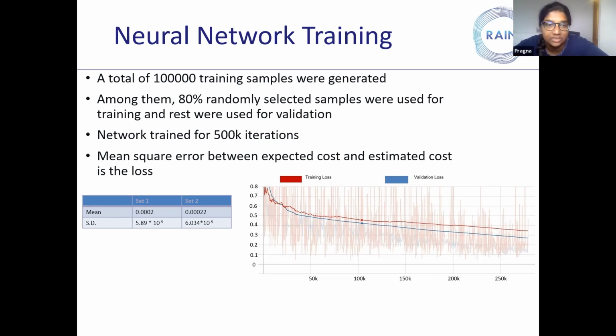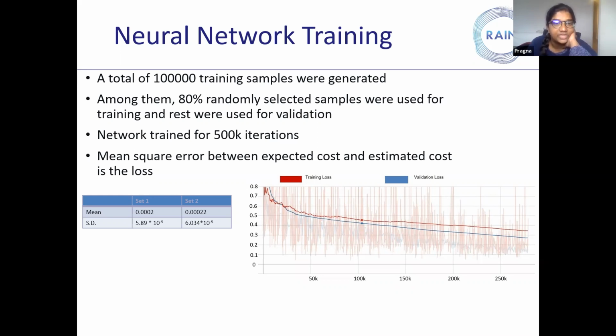So you can see the mean square error between the expected cost, which is the ground truth, and the estimated cost from the neural network, and also is the mean. And we also plot the standard deviation of the error. So it's to the order of 10 to the power minus 5, and they're quite close to each other on both the sets.